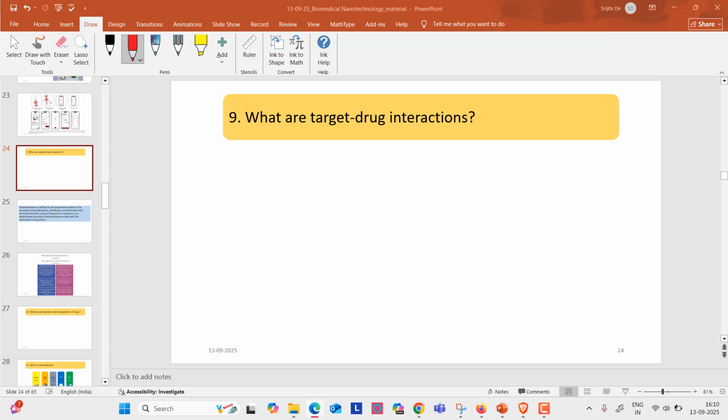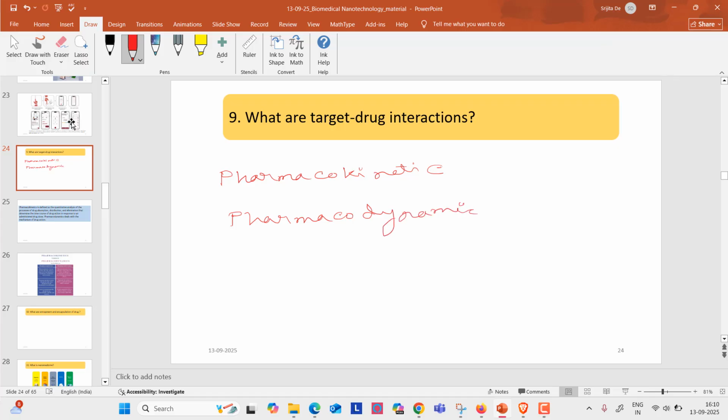Target drug interactions are based on pharmacokinetic and pharmacodynamic interactions.